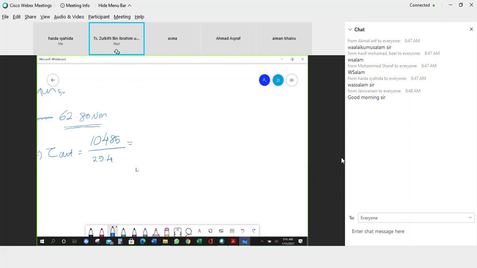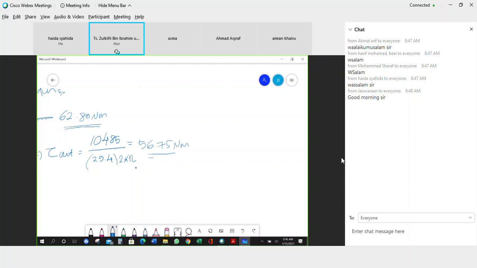Dia dapat 39 ke 185 right. Situ the power output 10 and the T betul. Radian per second. So this one we need to times the 2 and pi. So it will be divided by 2, divided by 2. Dapat 56.75 Newton meter. So this is the output torque.